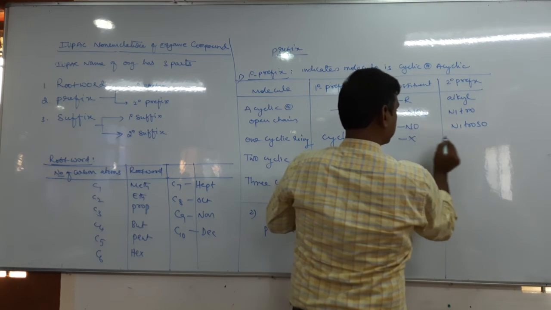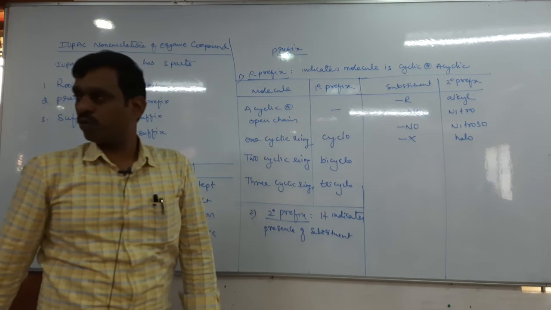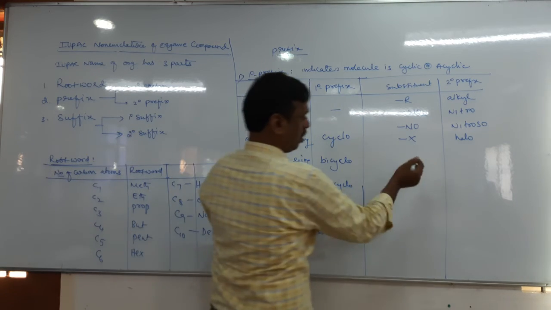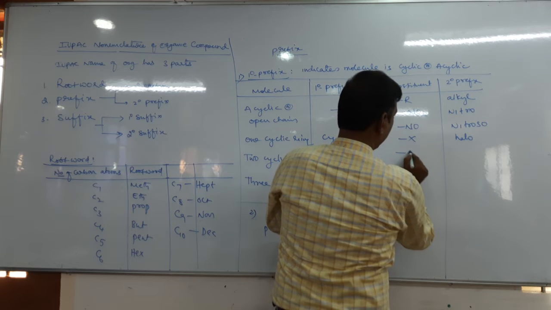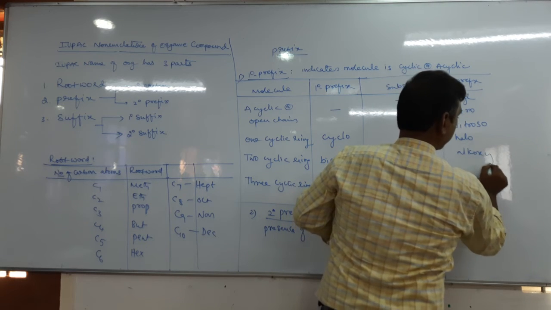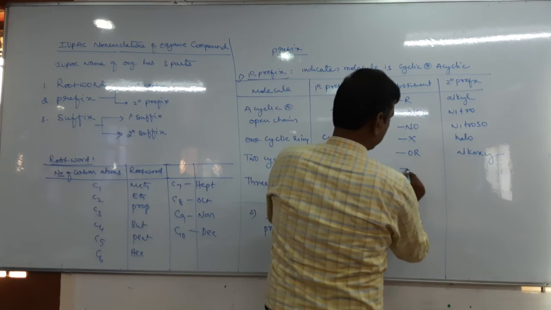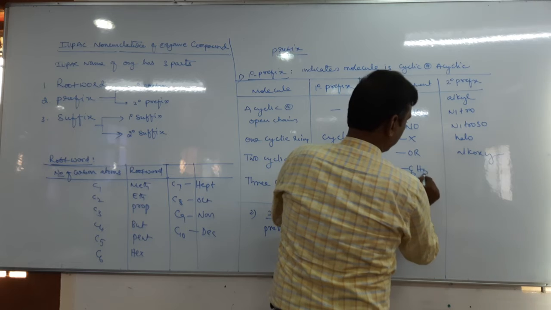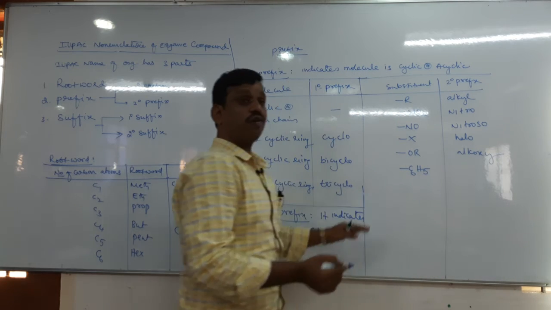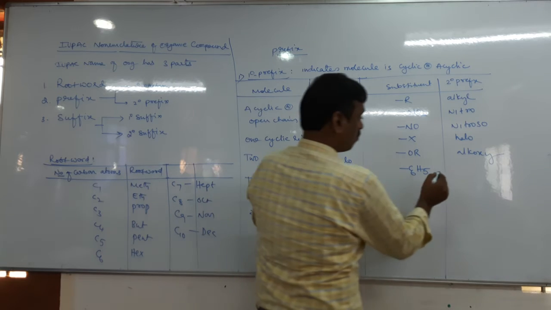If it is X, halo: chloro, fluoro, bromo, iodo. If it is OR, it is alkoxy: methoxy, ethoxy. If it is C6H5, phenyl, not benzene; C6H6 is benzene, C6H5 is phenyl.